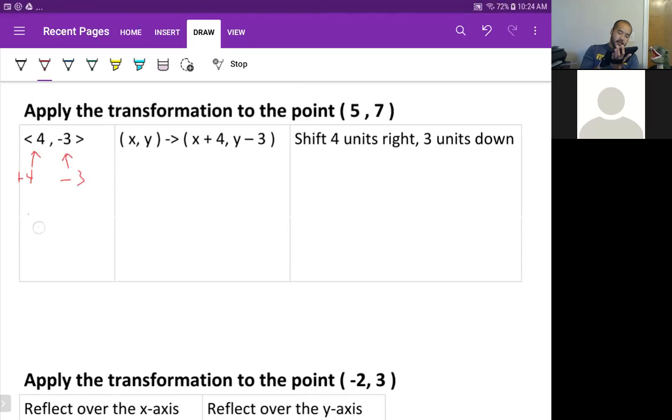So 5 plus 4 is 9, and 7 minus 3 is 4. That's the answer to this one. Same thing here: your original x, y is 5 and 7, so the x is 5 plus 4, and the y is 7 minus 3. The answer is going to be 9, 4.